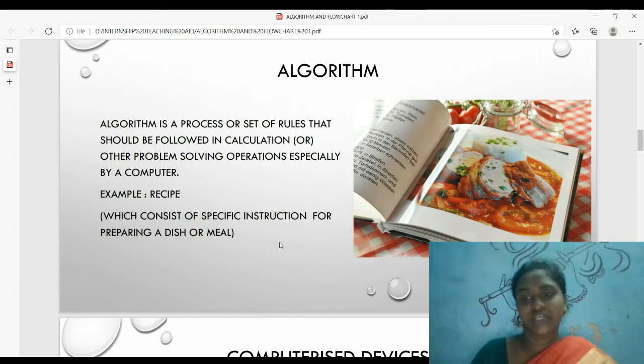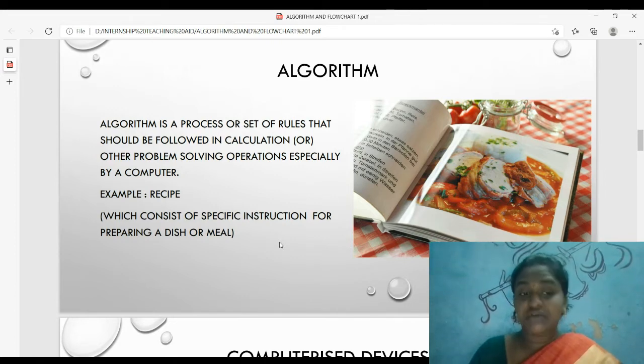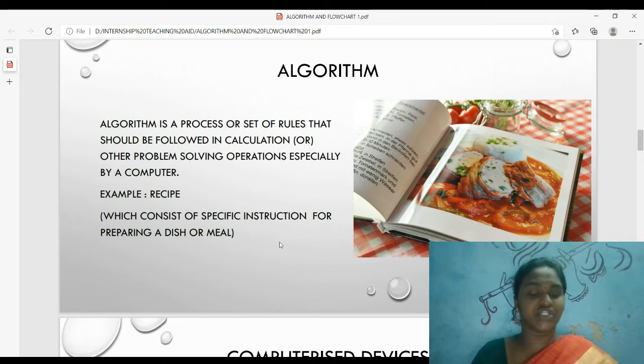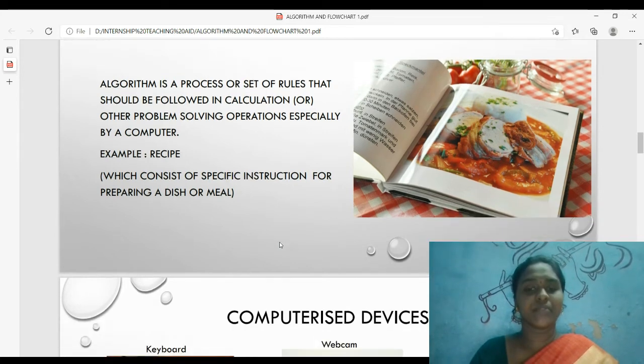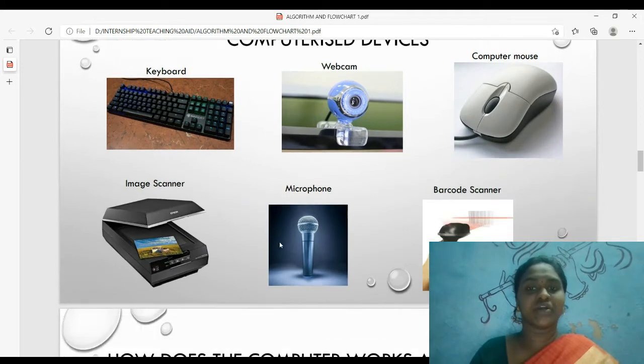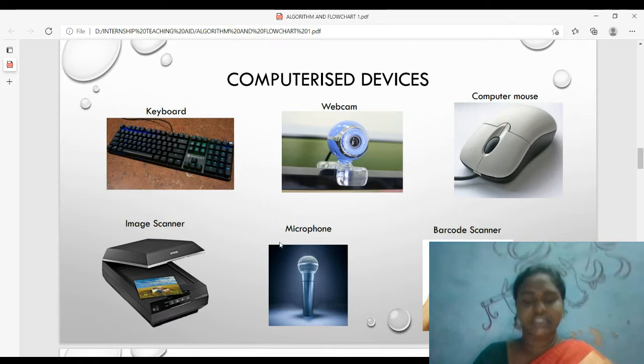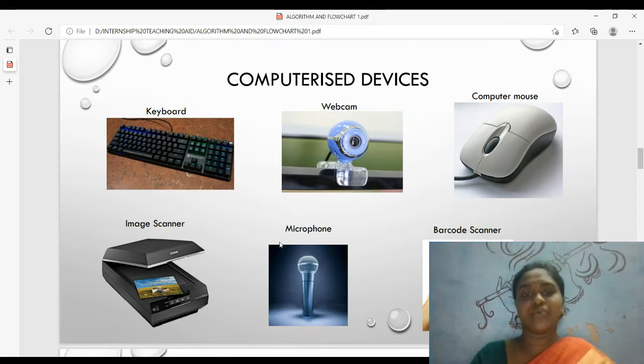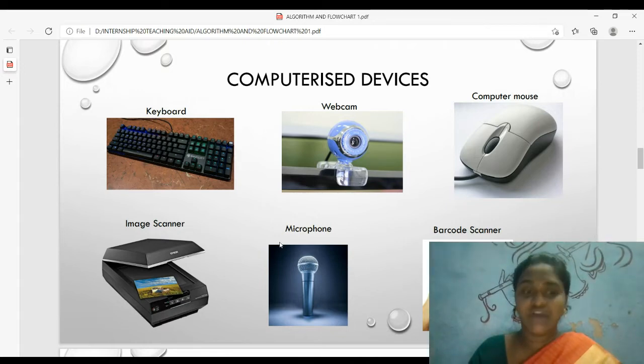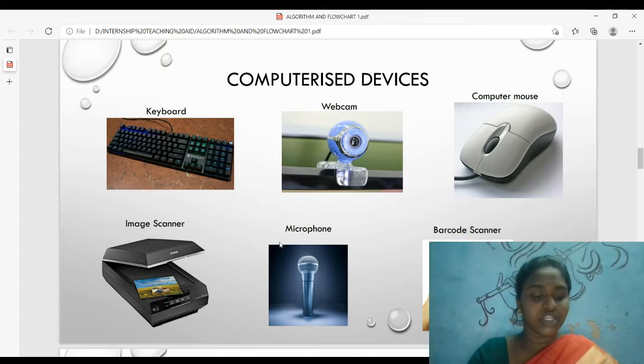For example, preparing a recipe, whatever the dish may be, consists of specific instructions for preparing a dish or meal. Likewise, whatever we do to complete a process, we can compare it with these computerized devices, which work to complete the process.